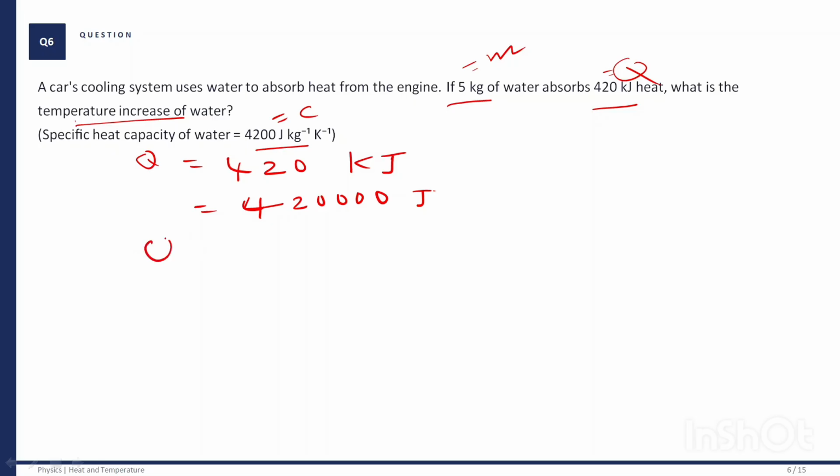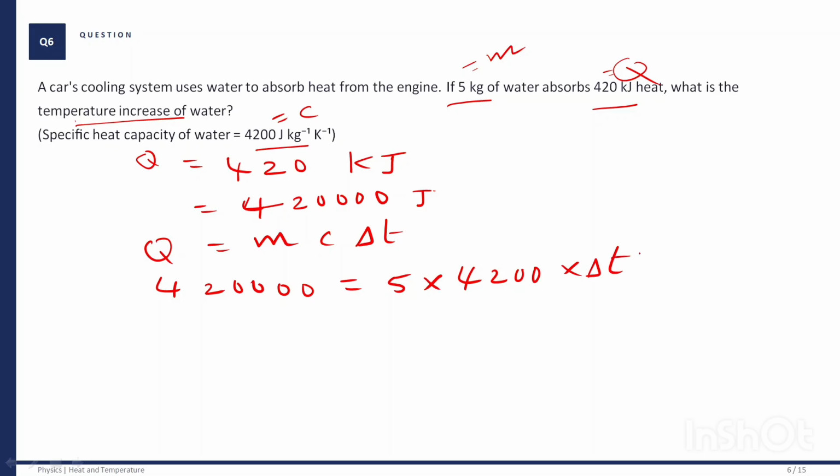The formula is Q equal to m c delta T. 420,000 equal to mass 5 into C which is 4200 into delta T.